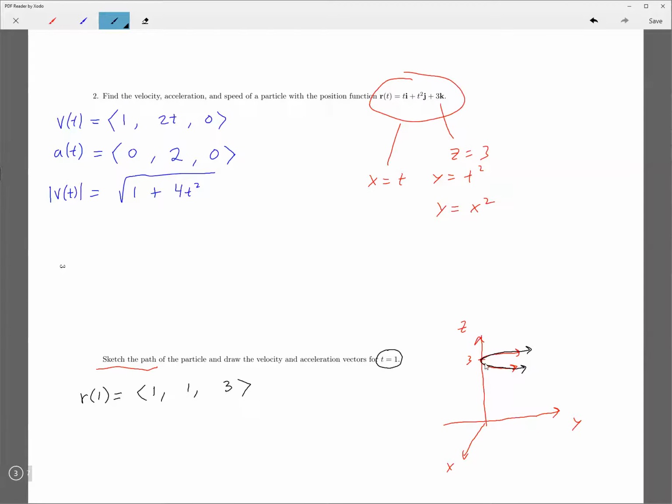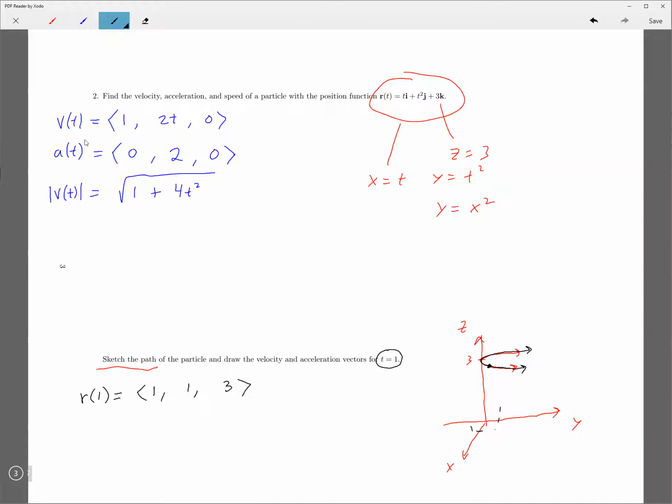So that's always going to be 3. That puts us where that's 1 and that's 1. So it's going to put us up here somewhere on the parabola, right there.